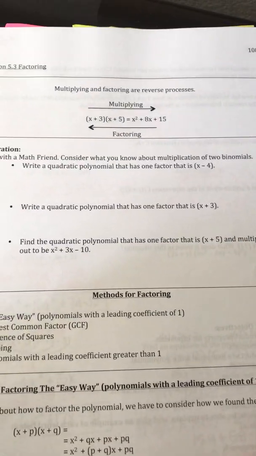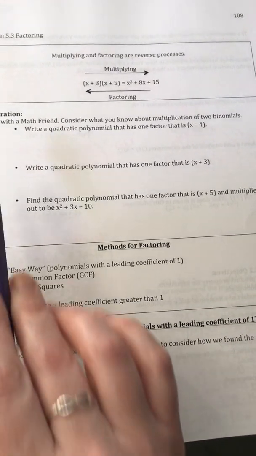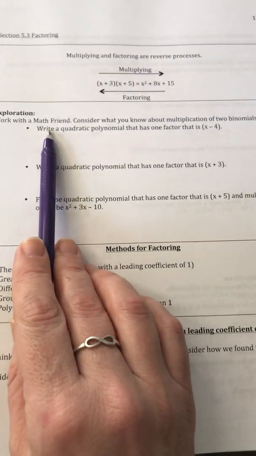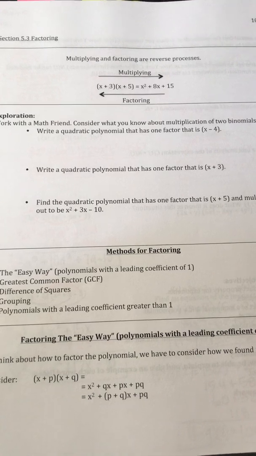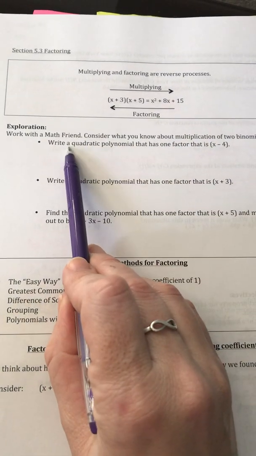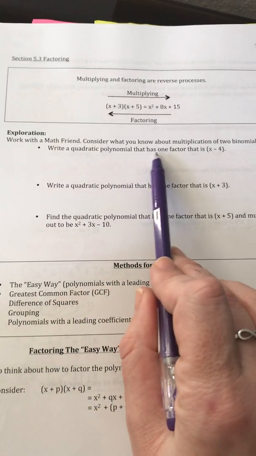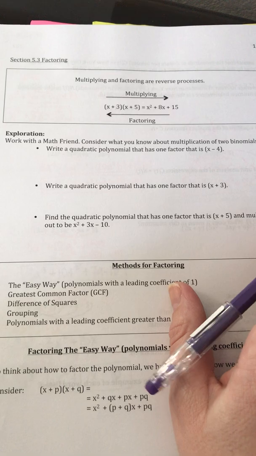To get you thinking a little bit, we have an exploration task. If you have a math friend with you, you can do this with a math friend. For the first item, I want you to write a quadratic polynomial that has one factor that is x minus 4.